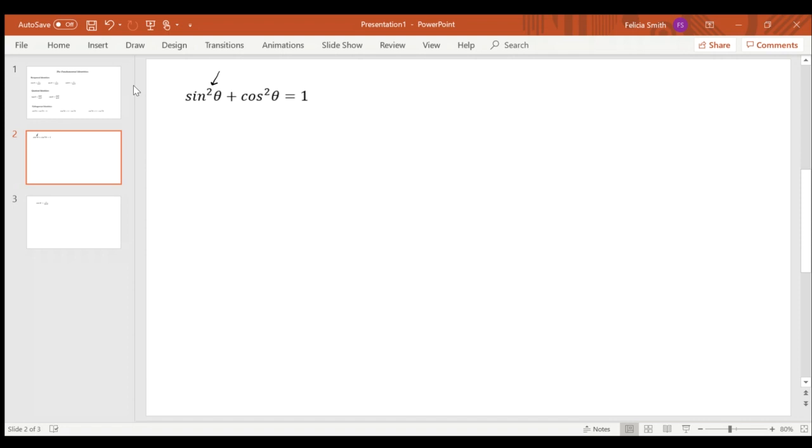So this is really the same thing as saying sine of theta, that whole thing squared, plus cosine of theta, that whole piece squared equals 1. And now I'm going to go ahead and divide each of these pieces by cosine squared theta.